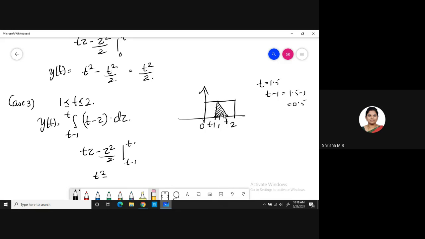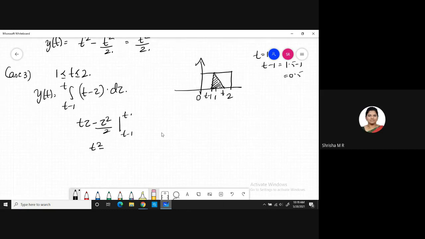So the overlapping space is from t minus 1 to t. If t is 1.5, t minus 1 will be 0.5, and 0.5 is inside this rectangle. Got it? Yes, ma'am.